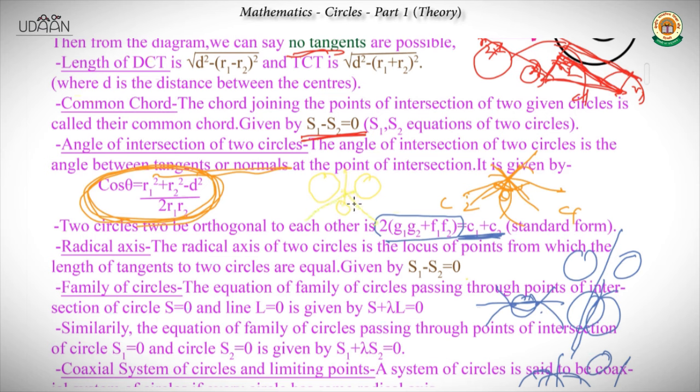The point of intersection of these three radical axes is the radical center. So, three circles, three radical axes, and their point of intersection is known as the radical center. Just note that it is also very important: the radical center is the point of intersection of the radical axes of the three circles.